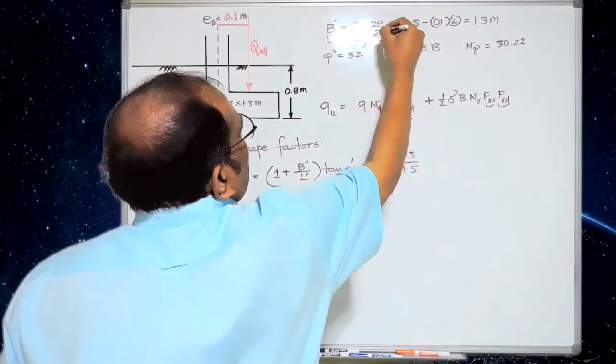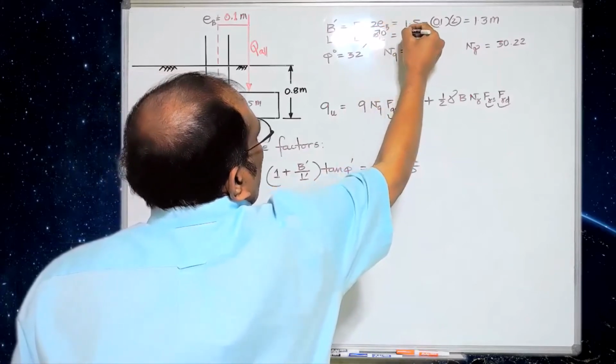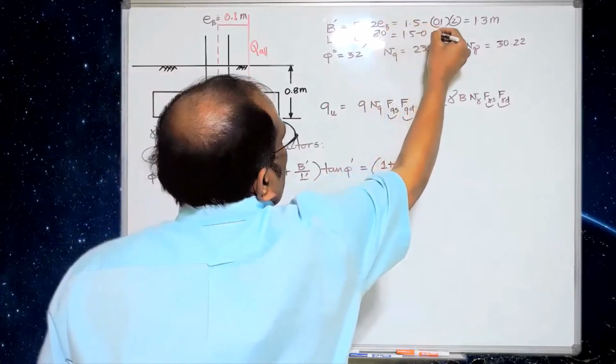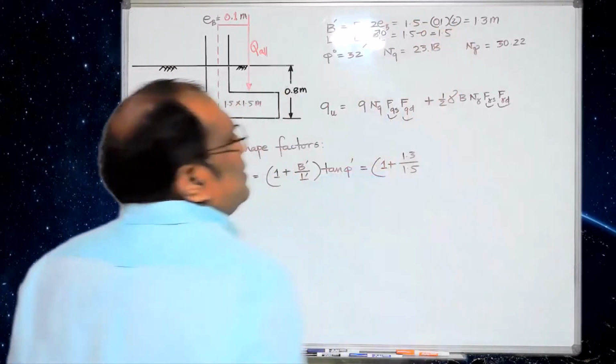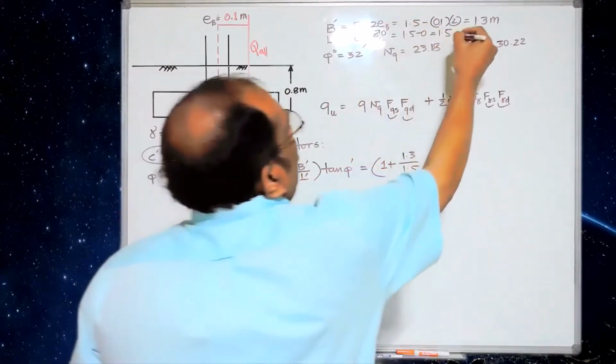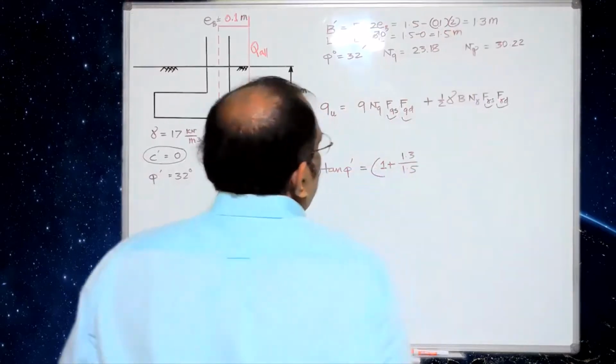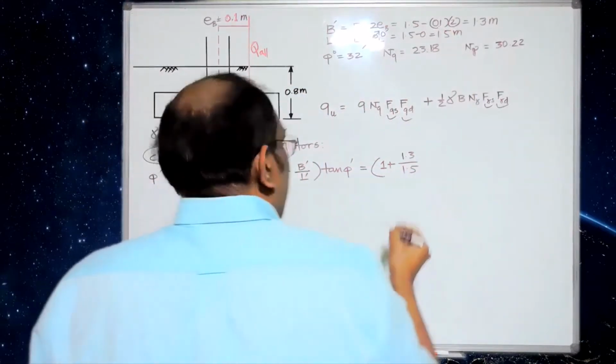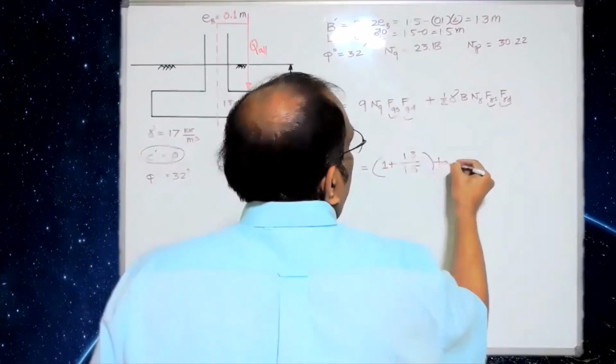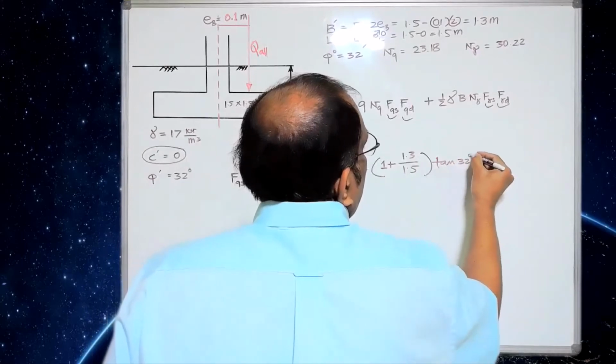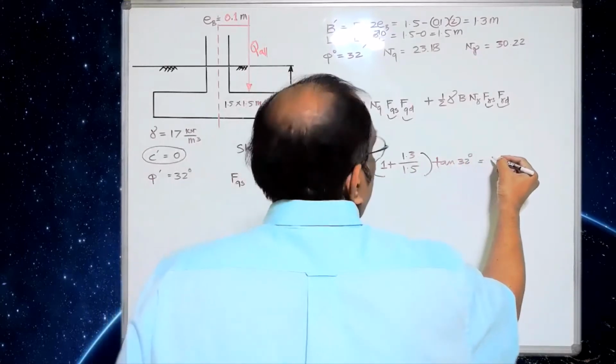So this is basically 0, so that's 1.5 minus 0 equal to 1.5. Tan 32 degrees, that's basically 1.54.